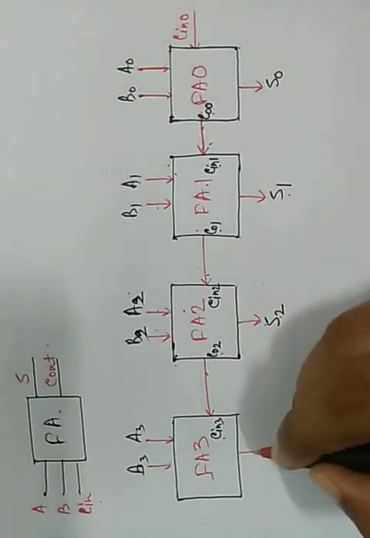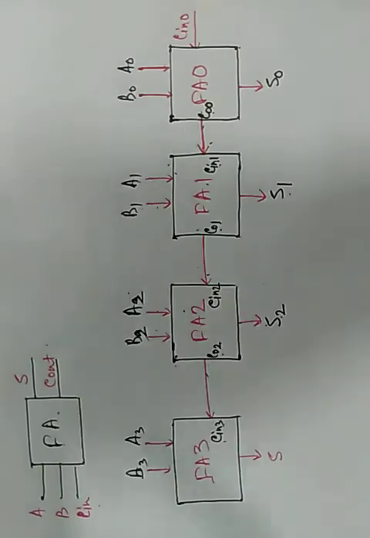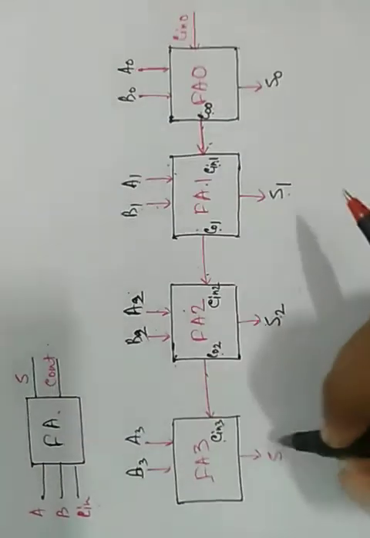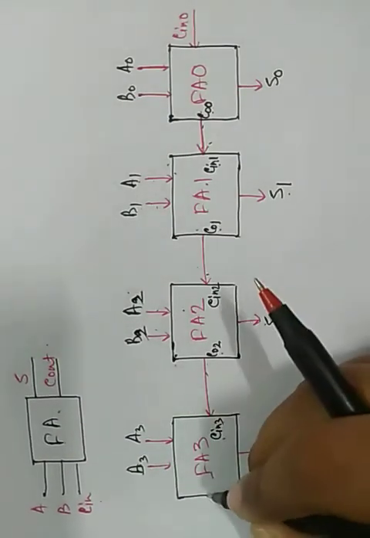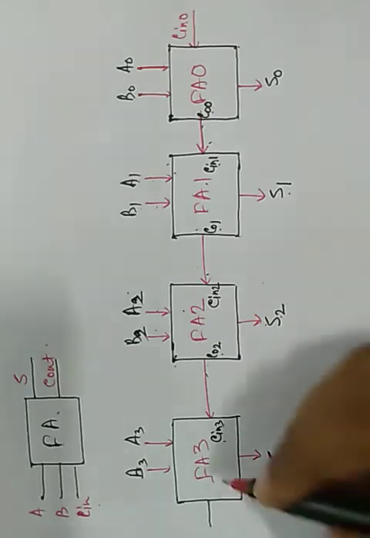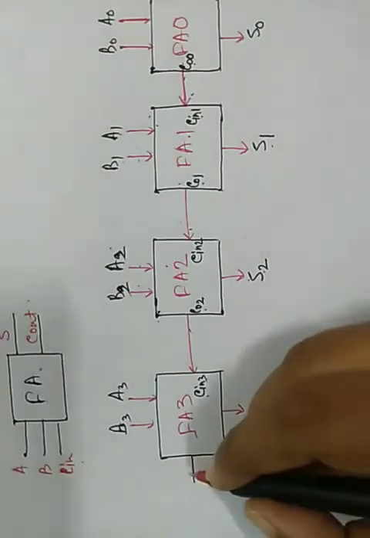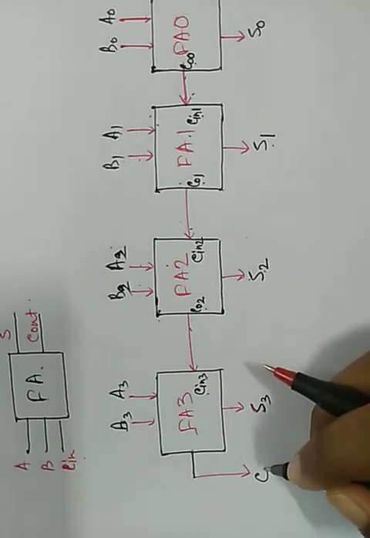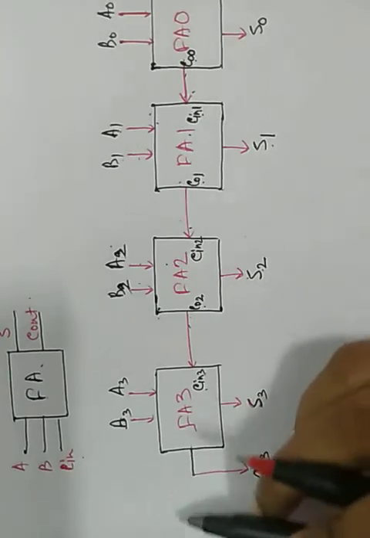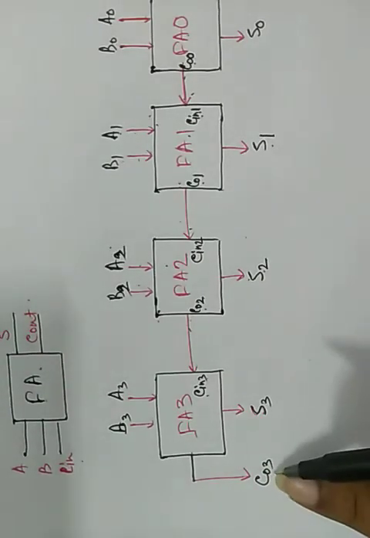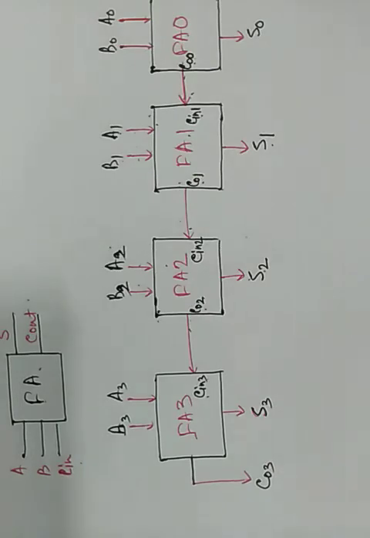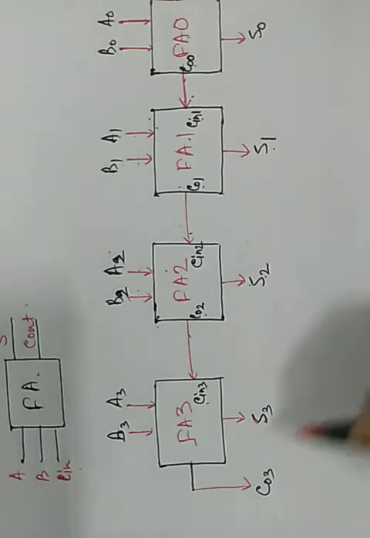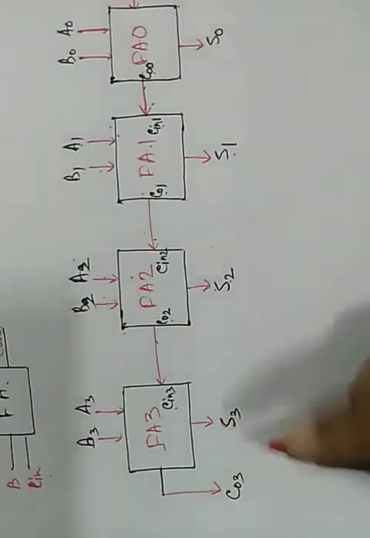In the next full adder addition we get S3, and this is our last one, C out 3. As there is no more bit, C out 3 is taken as part of the sum output. Okay, so we get the sum.